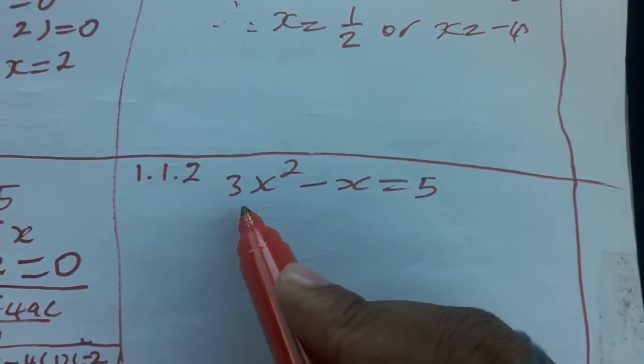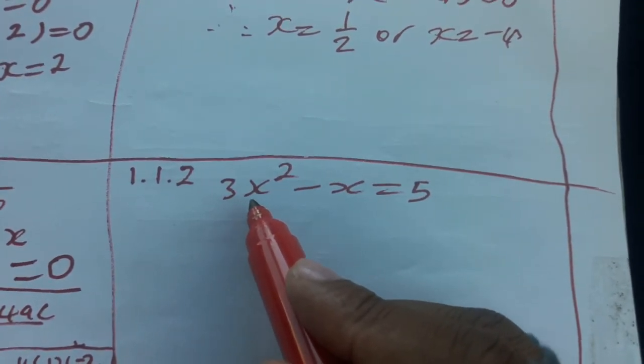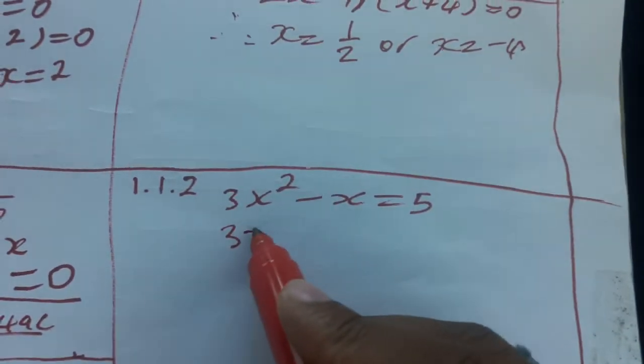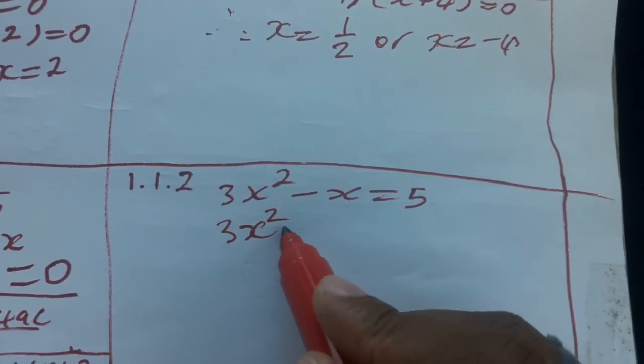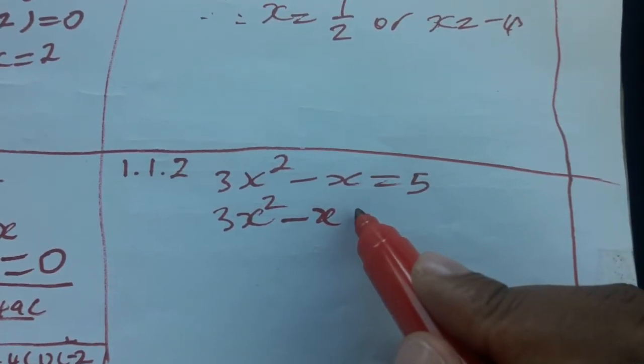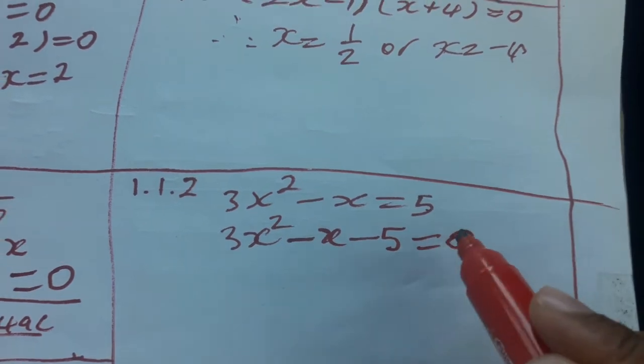It's 3x squared minus x equal to 5. We're just gonna write 3x squared and negative x. We take the 5 and it becomes negative, bring it aside, and all that is equal to 0.